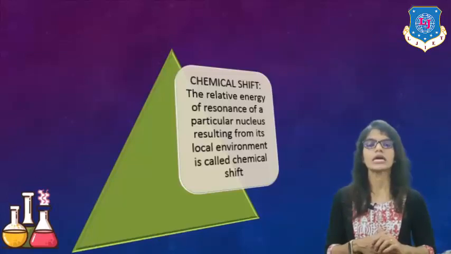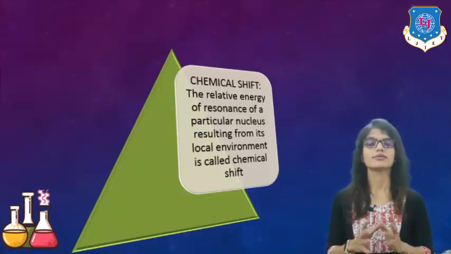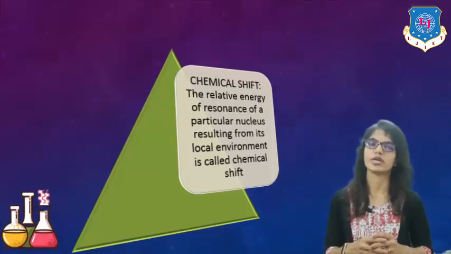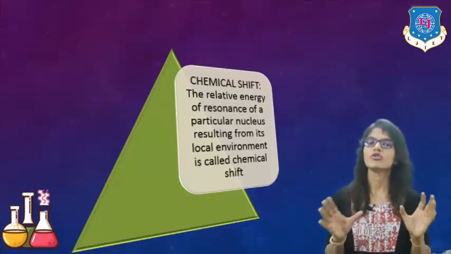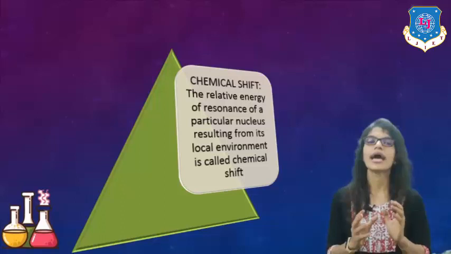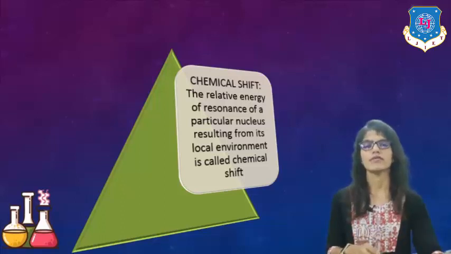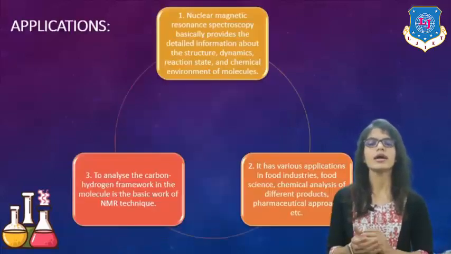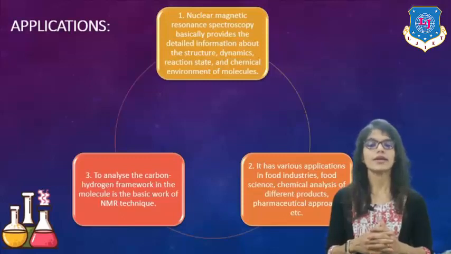So here chemical shift, one word is there, the relative energy of resonance of a particular nucleus resulting from its local environment is known as chemical shift. Here, each and every compound has its own chemical environment and because of it, such kind of behavior is observed, right?